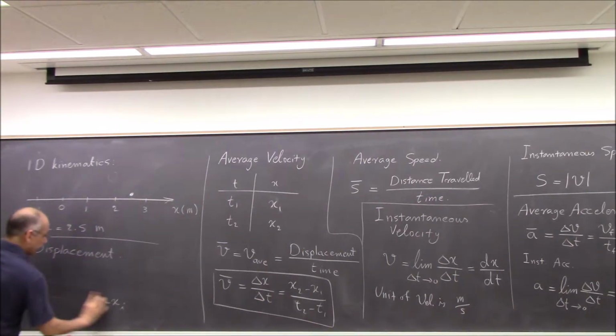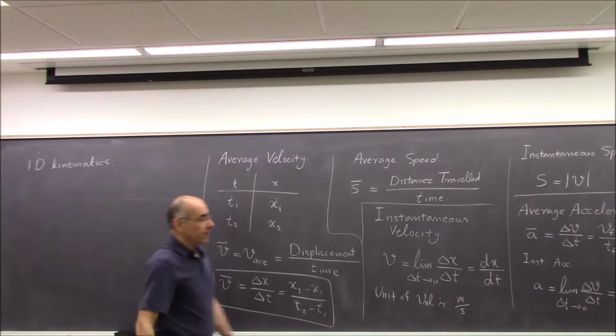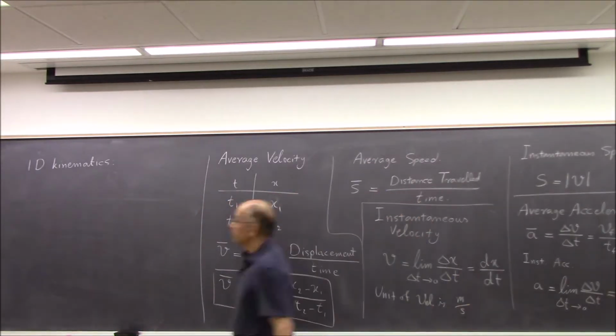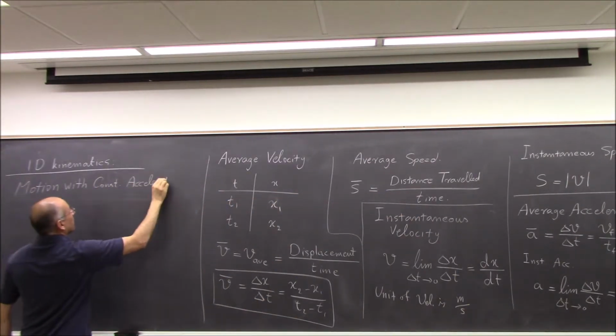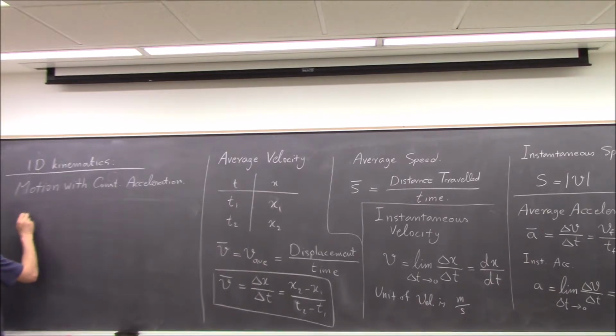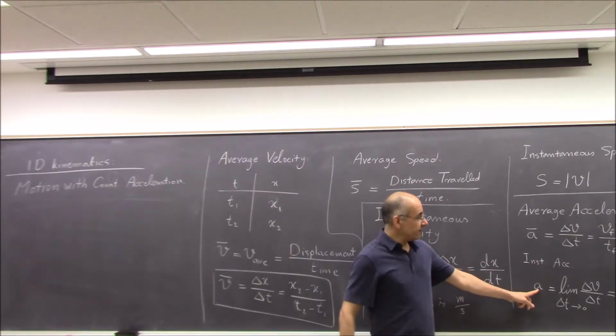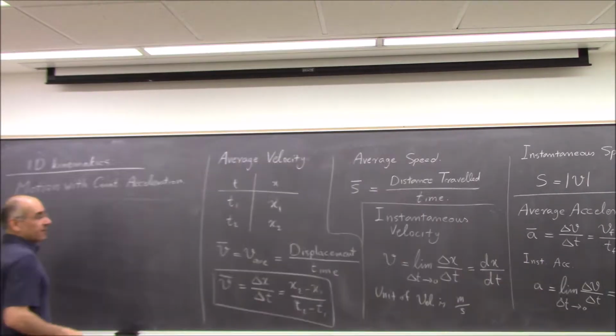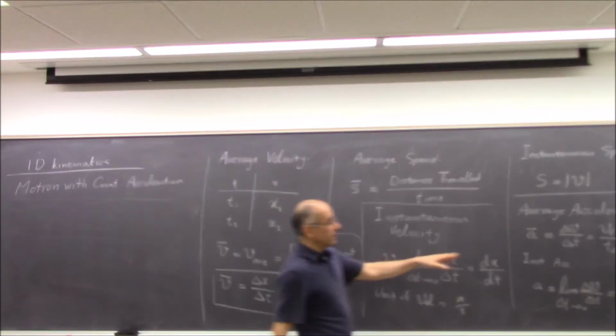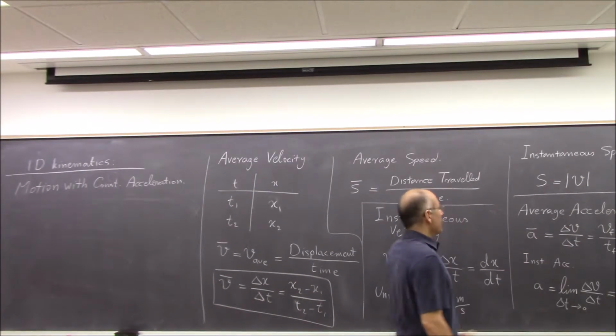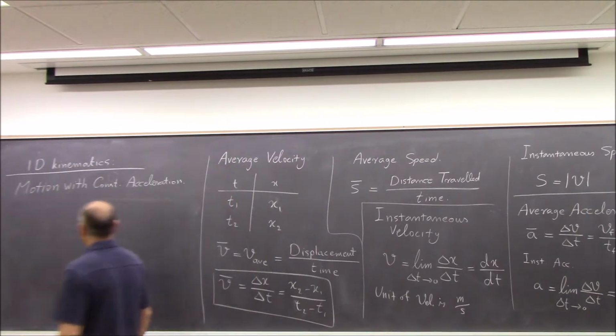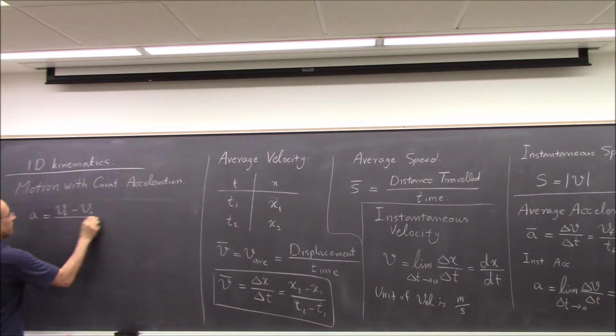Then we talk about what happens when acceleration is constant. So when acceleration is constant, the instantaneous acceleration and average acceleration are the same. So we can just say acceleration is delta v over delta t, or v final minus v initial divided by t final minus t initial.